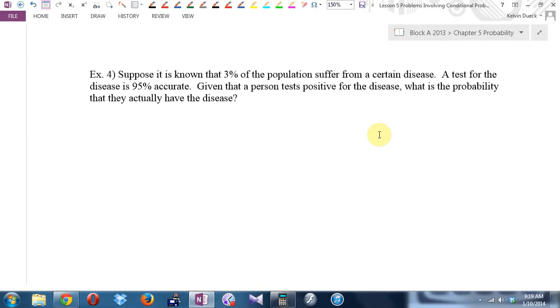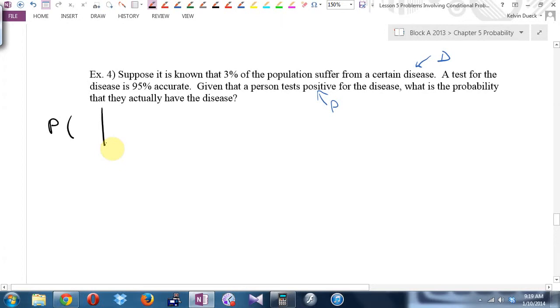Let's use, how about D for disease? What would be a good letter to use for testing positive? P for positive? Okay. What's the first word of the third sentence? Given. It's conditional.